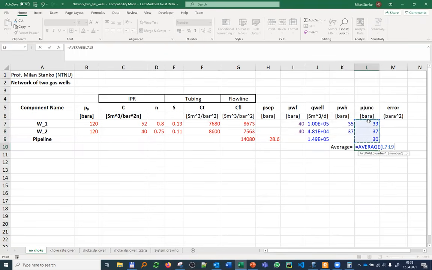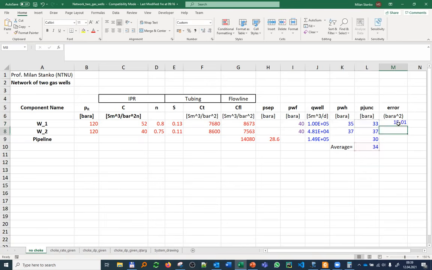And then I want to take the difference between each one of them minus the average. And I'm going to square that difference because I want to sum all of these differences, so I don't want them to cancel with each other. If one difference is positive and one difference is negative, I have to block this cell.